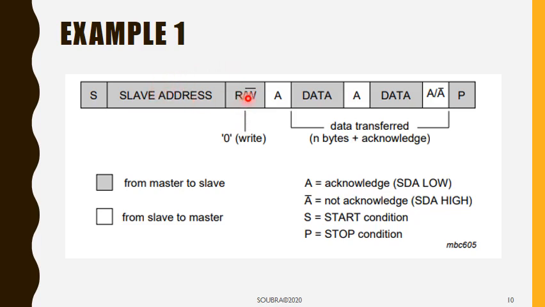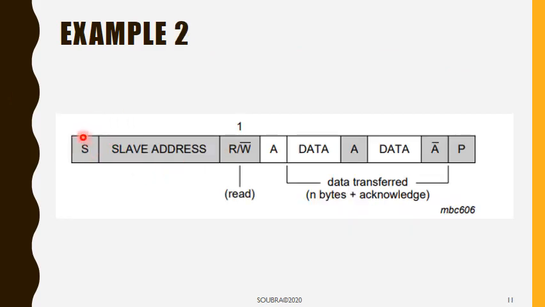Fair enough? Then the slave will answer by an acknowledgement, and then I'm going to start sending the data to the slave, followed by an acknowledgement, 8 bits, etc. And here it could be either an acknowledgement or a NACK, a not acknowledged message. Fair enough? And the stop condition at the end. Alright, so this is one example of the transmission.